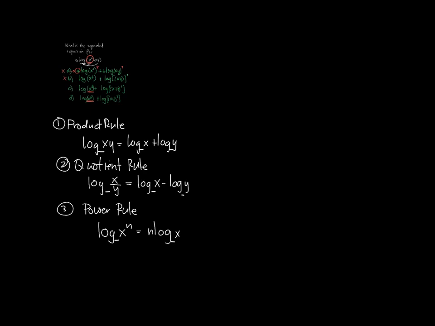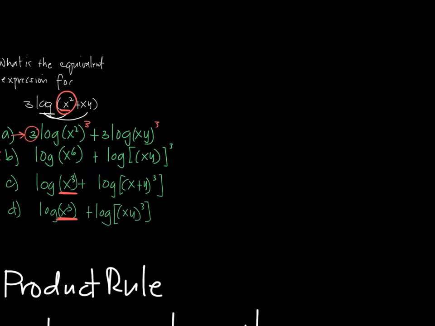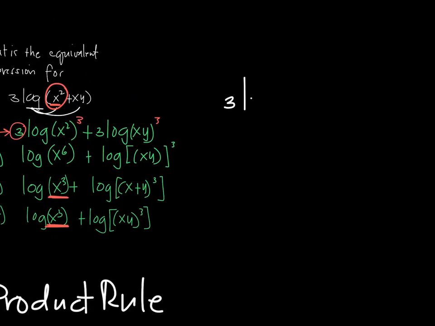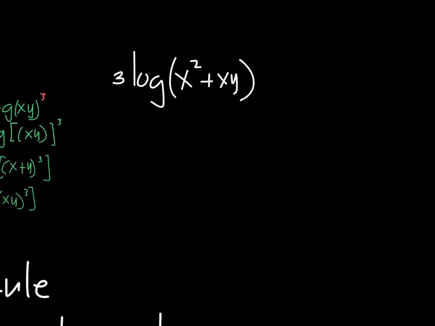So going back to the expression, how can we apply any of the 3 rules when we don't see a product directly, or a quotient, or a power? The trick is you have to change this into a different expression, which honestly is not easy to see.